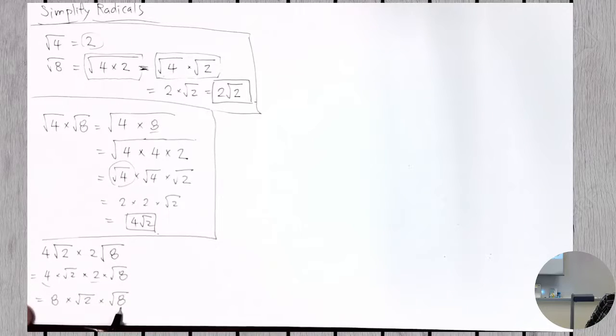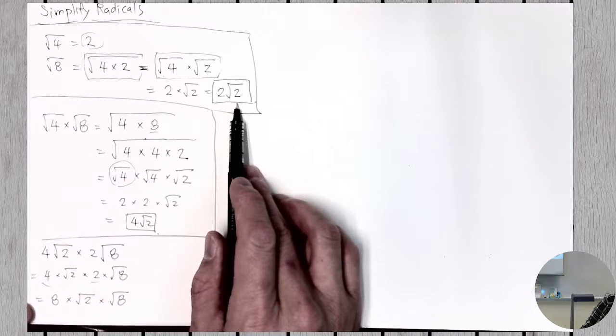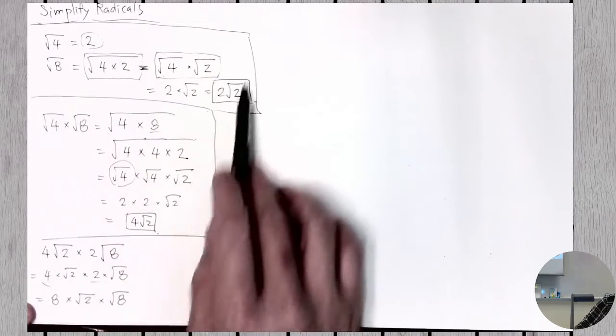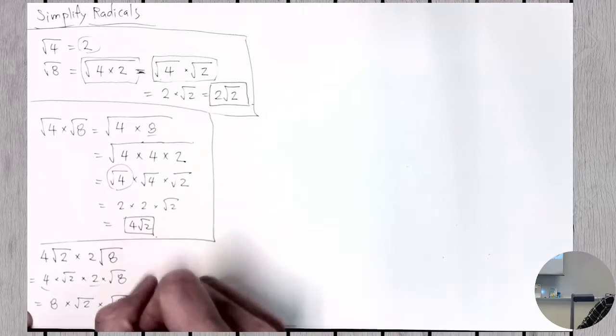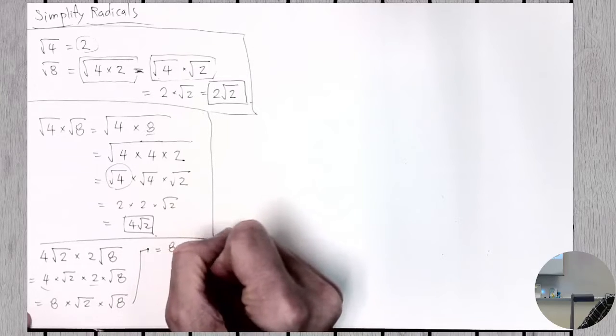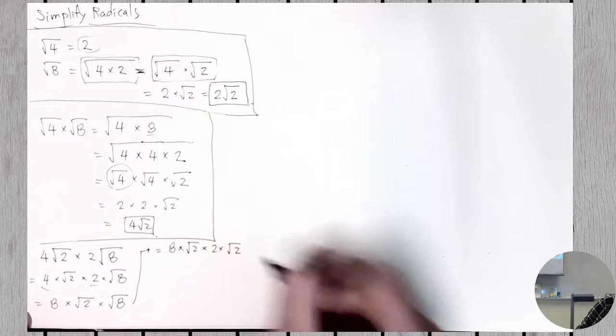Well, what is square root 8? Well, from here, I know square root 8 is 2 square root 2. We can go through that logic again, but since we already have it done, I'm going to write it over here. It's 8 times square root 2 times 2 times square root 2.